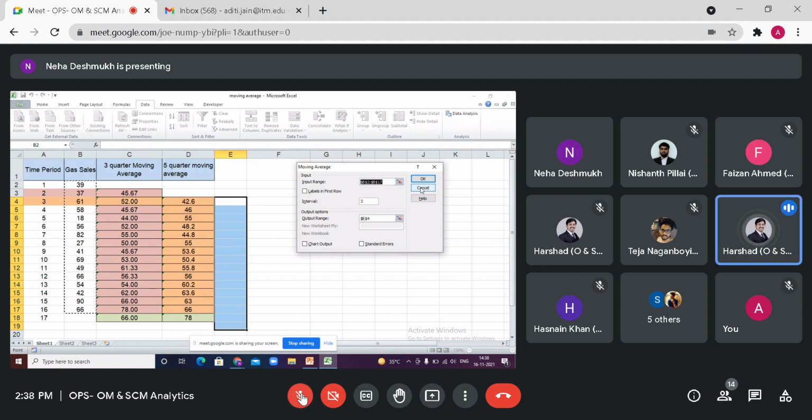Ma'am, this option is not shown in my system. The Data Analysis option is not there.